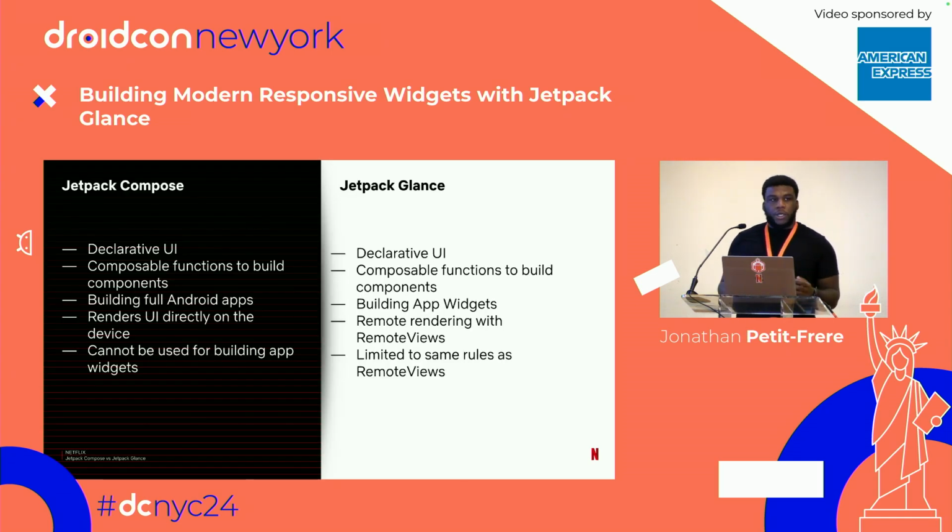They both share a similar declarative UI. They use composable functions to build components. Compose is meant for building full Android apps. Glance is used to build app widgets. There should be an asterisk on there, and you'll know a little bit more about it later. Compose renders directly on the actual device within the actual app.